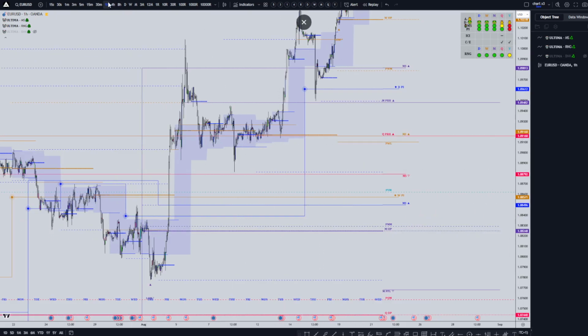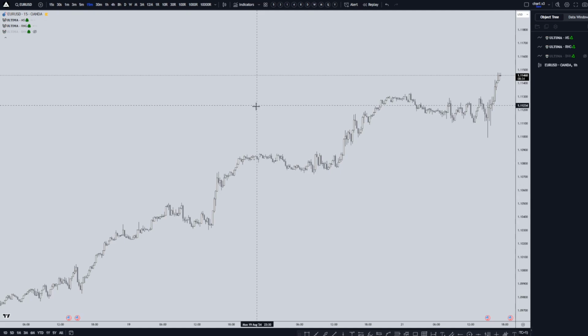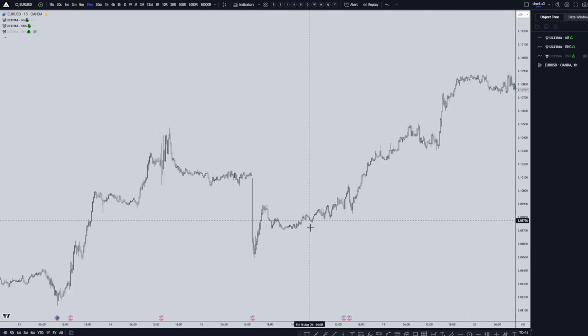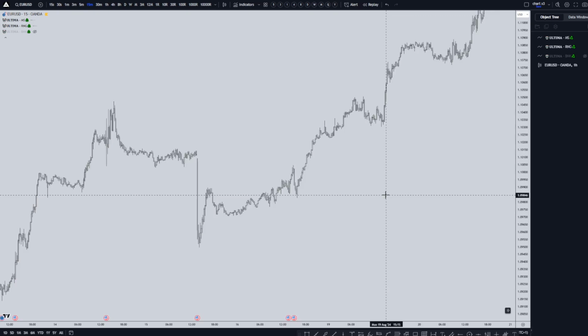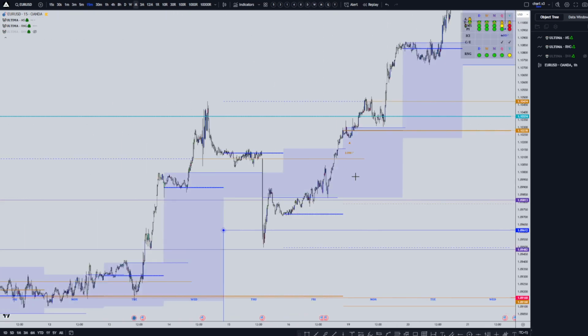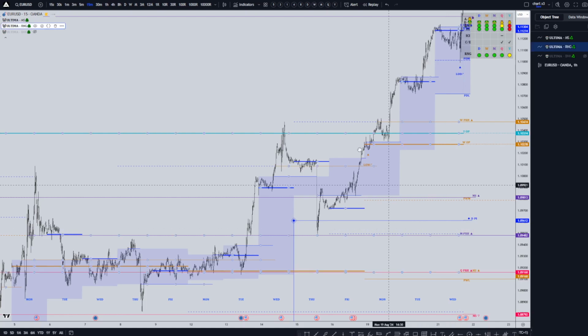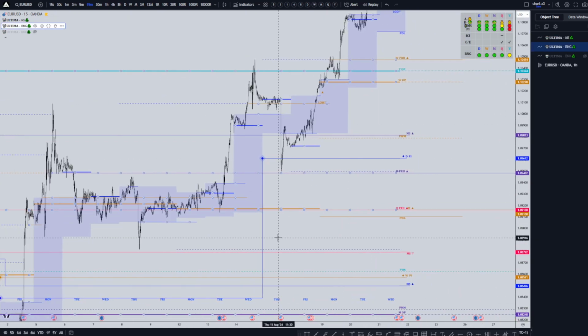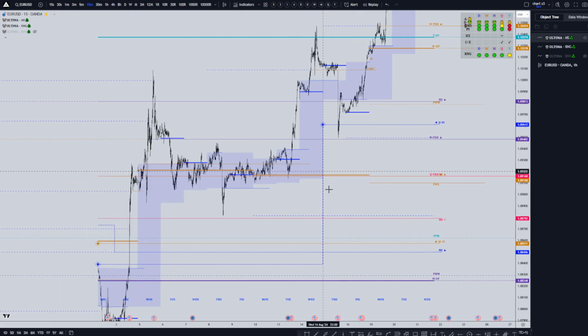And 1 hour maybe is quite hectic, 15 minutes could be easier, with less noise. I think you can even go smaller, but 15 minutes is fine. So you're aware of high time frame key levels, that there might be a reaction, and looking for low of day, stuff like that.